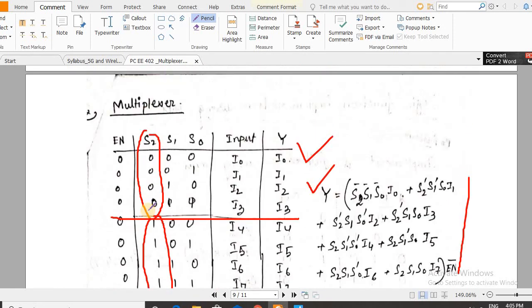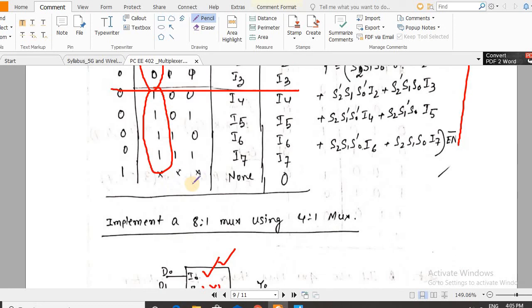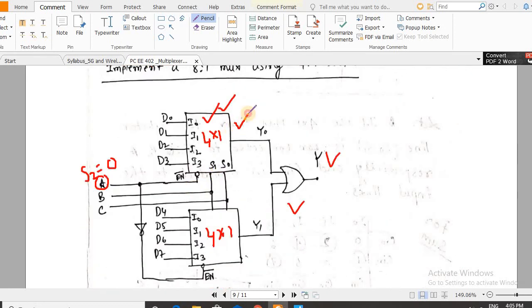So when S2 is 0, the upper mux is activated and this one will be deactivated. So obviously Y0 will be equal to D0, D1, D2, D3 depending on S1 and S0. And in all the cases Y1 will be 0. Very obvious, because this 4x1 is deactivated.